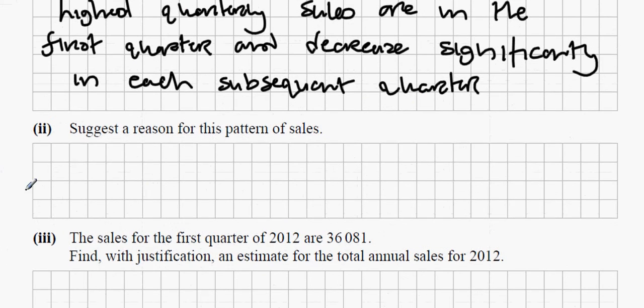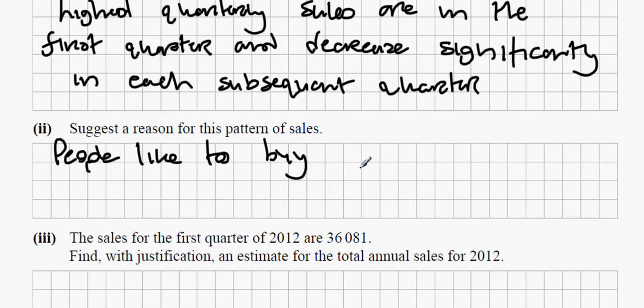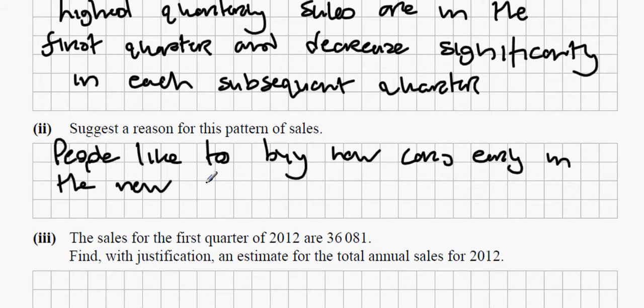Now, suggest a reason for this pattern of sales. People like to buy new cars early in the year, so that they have the new year number plate for longer.